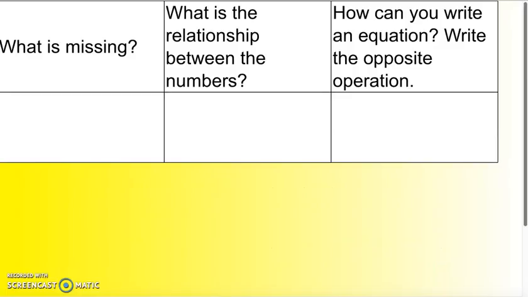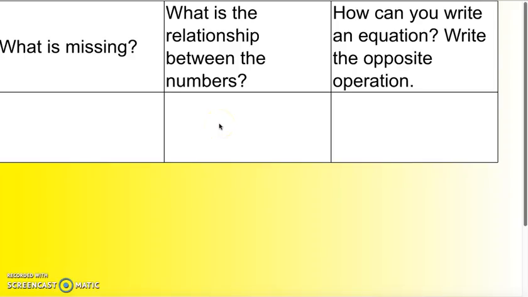What we're going to be doing is looking at different situations. They're going to be in word problem form, and we're going to determine what is missing. We're going to determine the relationship between the numbers, because we need to figure out, based on the situation, what's going on with them. Are they being added?